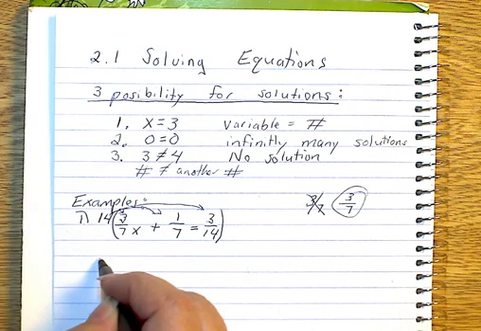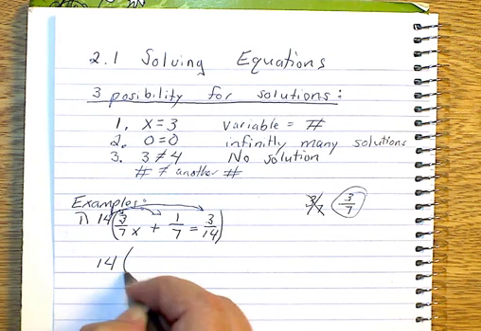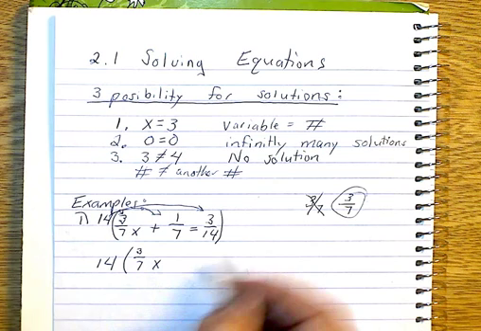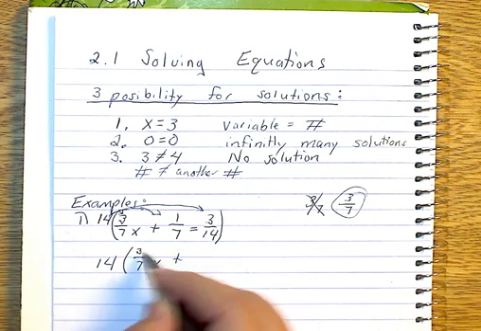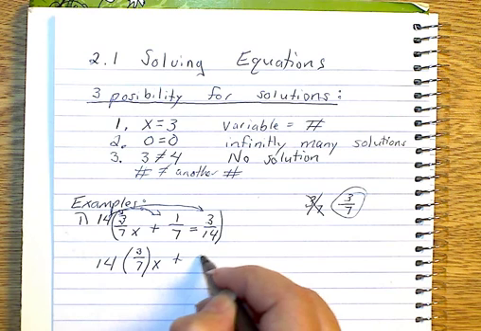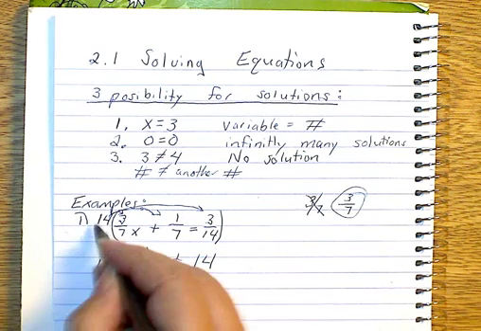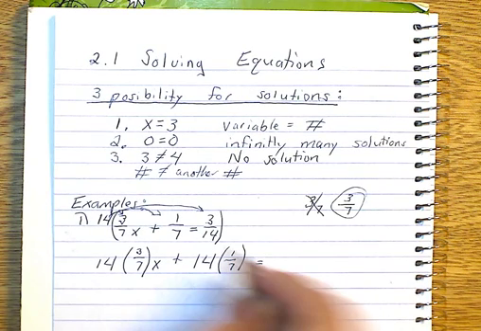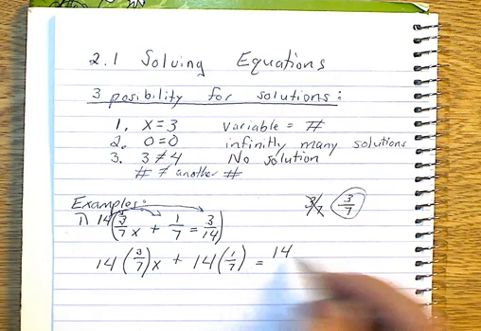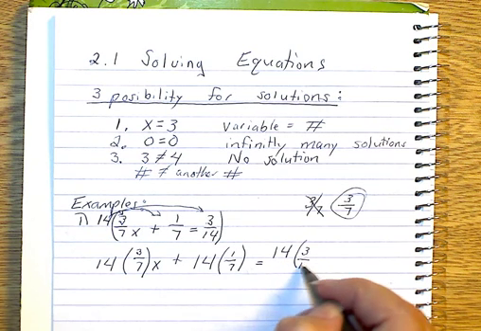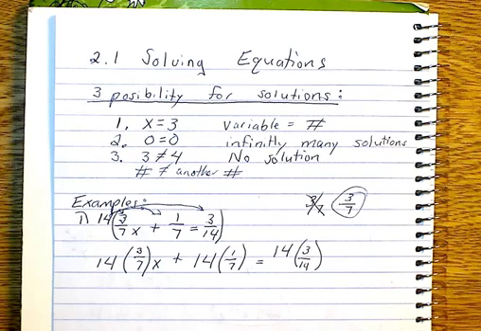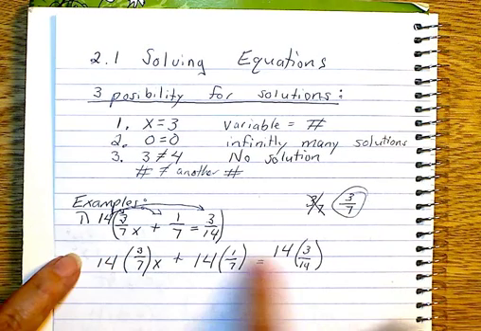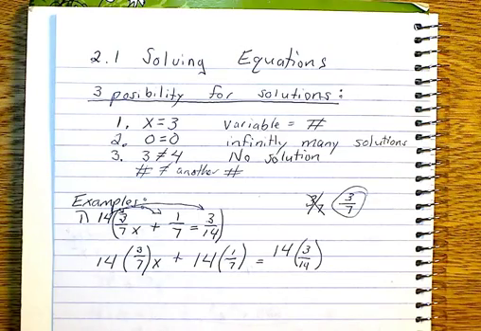So we're going to go 14 times 3/7 x plus my, whoops, what are they? 14, because I'm distributing, times my 1/7 equals my 14 times my 3/14. Now, once you get into this habit, you do not have to write this line because literally I do not write this line. I just write the next line that's going to be.